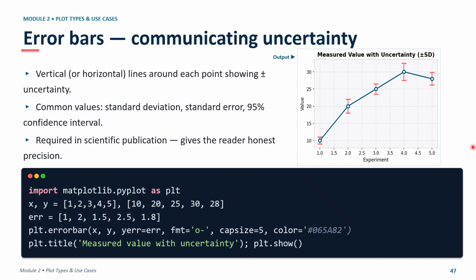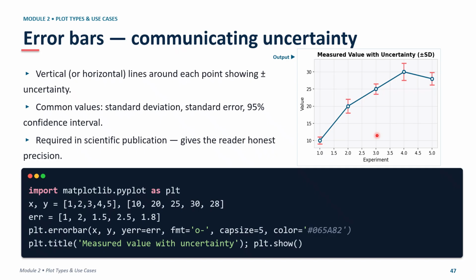There are three common error bar types. First, the standard deviation, which shows the spread of the individual data points. The larger the standard deviation, the more variable the data. Then the standard error bar, which shows the uncertainty in the mean, and the 95% confidence interval, which shows the range where you are 95% confident the true mean lies.